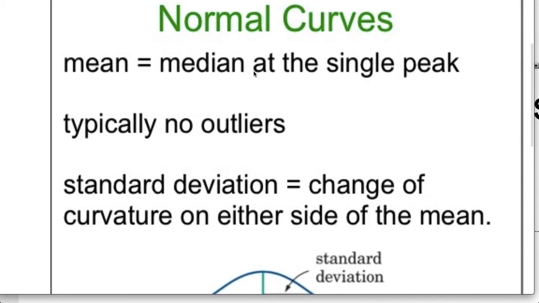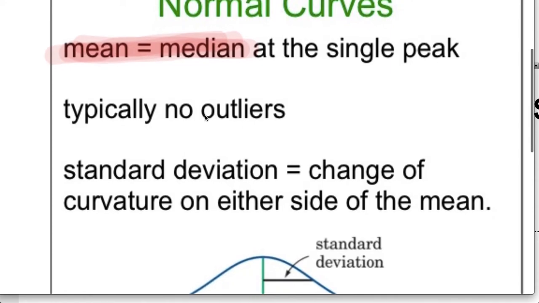The mean and median happen at the single peak. It's right in the middle. It's a unique case where the mean equals the median. Typically in a normal distribution there are no outliers, or there are extremely few outliers. So typically that's what happens with normal curves.